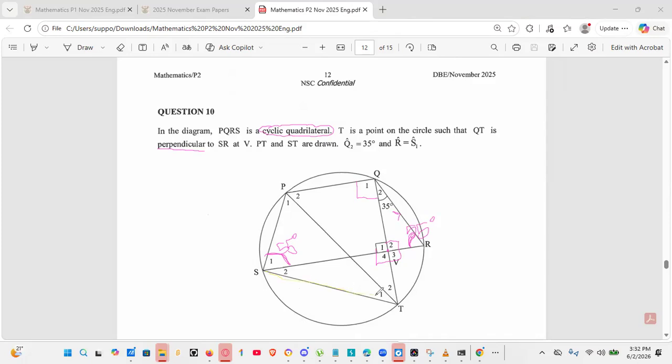Angles on the same segment over there, highlighted in yellow. And then therefore, we have another 35 over here. So that's also 35. And this whole angle here will be 55.